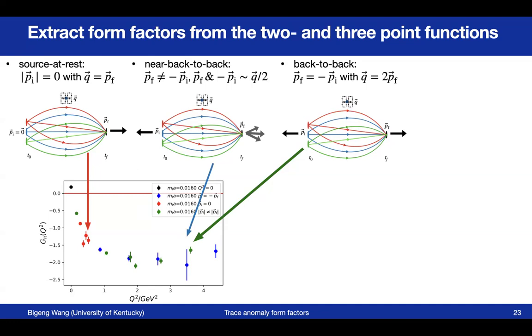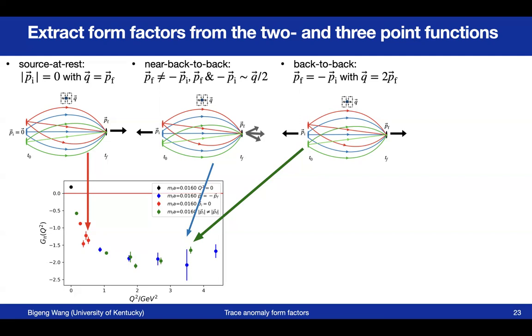And in between, we use some near back-to-back cases, so they're not exactly back-to-back, but they can give more data points in between. And here we also use a grid source to increase the statistics. So that's why I draw different colors to denote them here. But the key point is, with these 3-point functions with different momentum transfer, we can obtain the fitted form factor from that.